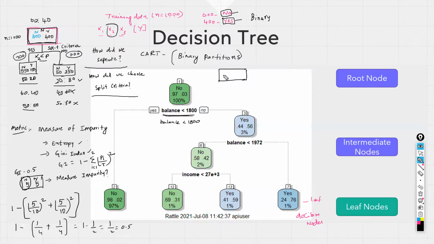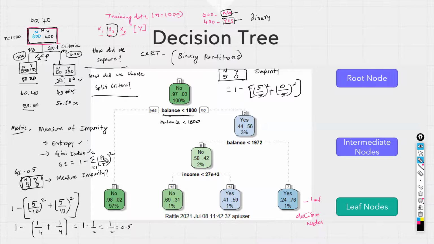In this node, 5 observations belong to no class, 0 observations belong to yes class. Now what is the impurity here? Let's measure it. 1 minus sigma, 5 by 5 whole square plus 0 by 5 whole square.